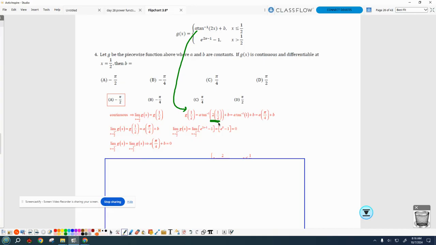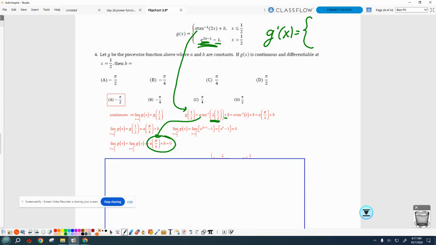Pi over 4. So this is going to be a times pi over 4 plus b. And the other side where we need it to glue together, plugging in 1/2 here, e to the 2 times 1/2 minus 1, that's e to the 1 minus 1, which is e to the 0, which is 1. So this is one equation that we get from being continuous.